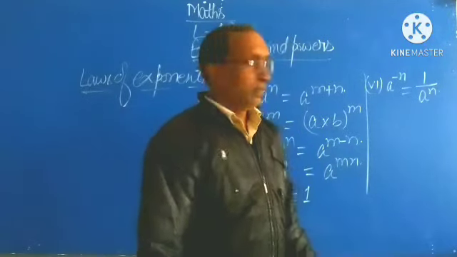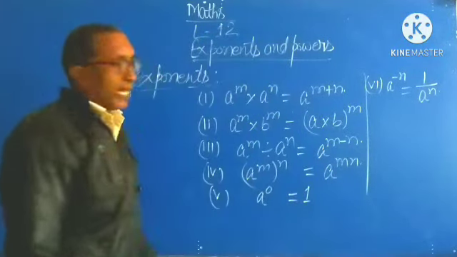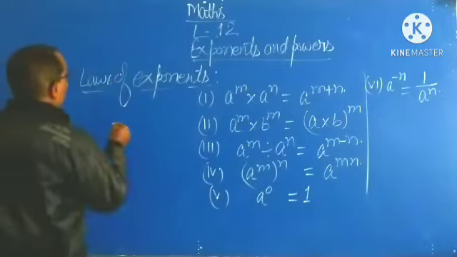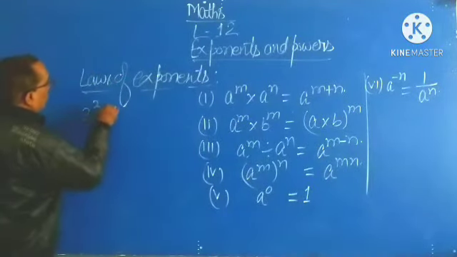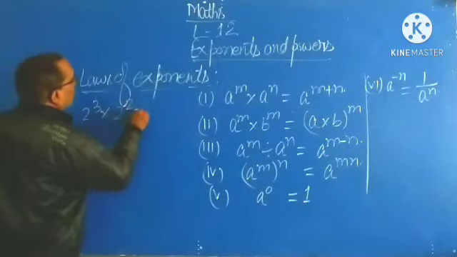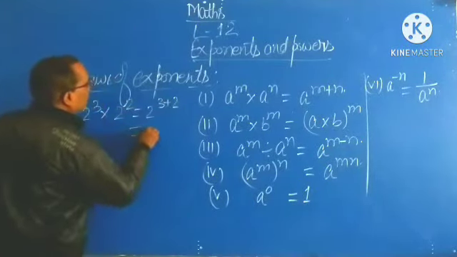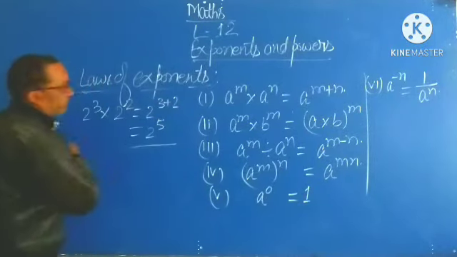Okay, these are the laws of exponents. Like when you multiply 2 raised to power 3 and 2 raised to power 2, you get 2 raised to power 3 plus 2, that is 2 raised to power 5.